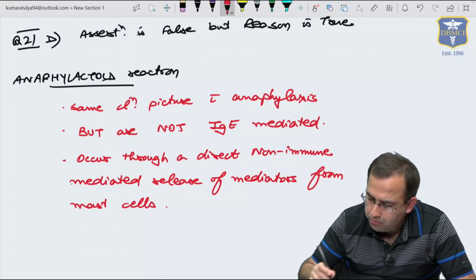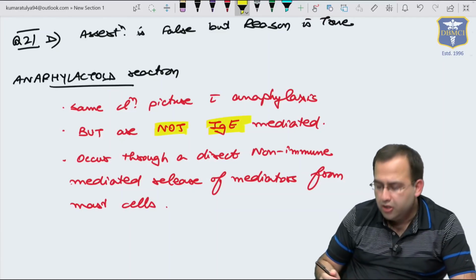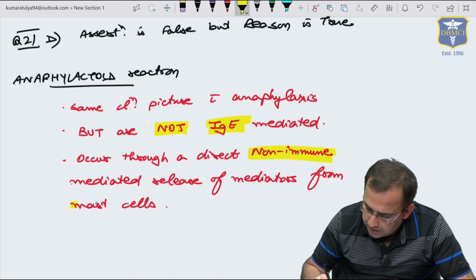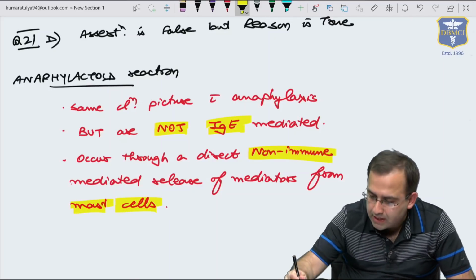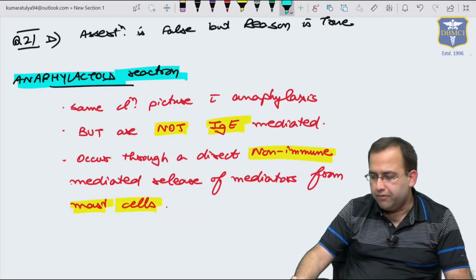So the point to be noted here is it is not IgE mediated and it is a non-immune mediated release of mediators from mast cells. This is anaphylactoid reaction.